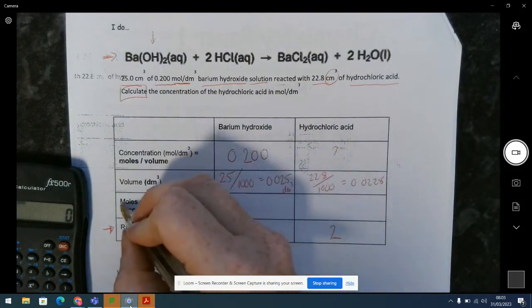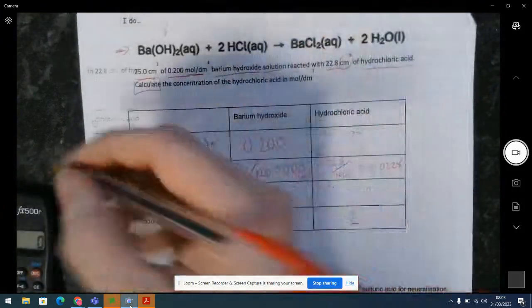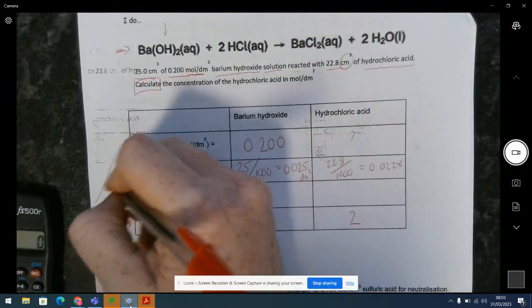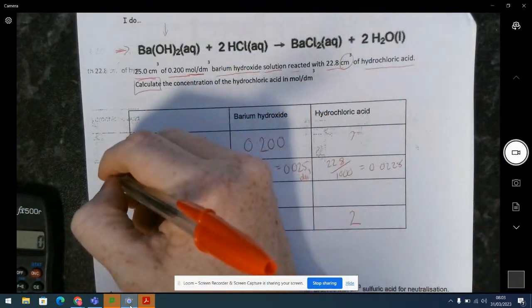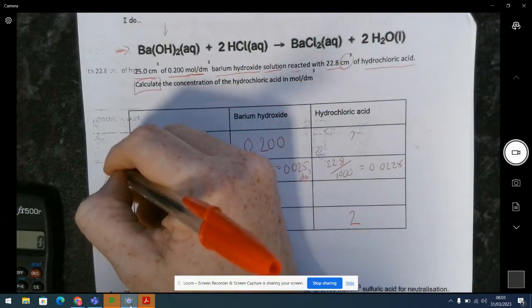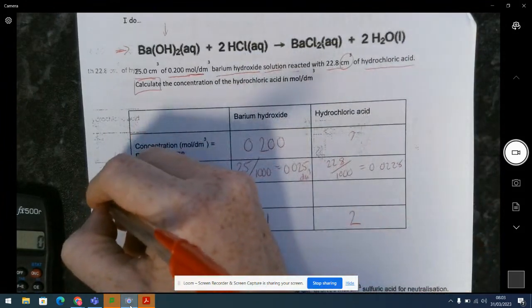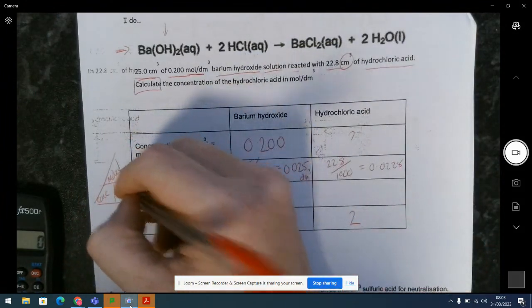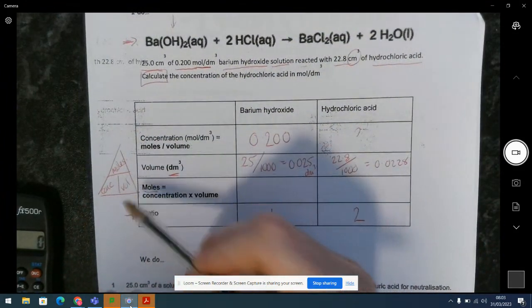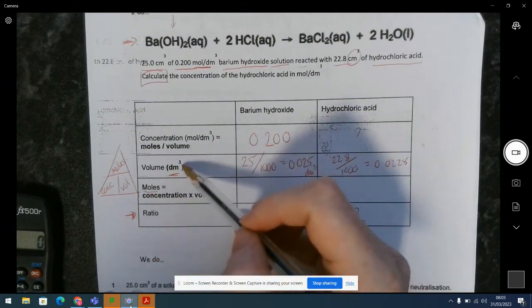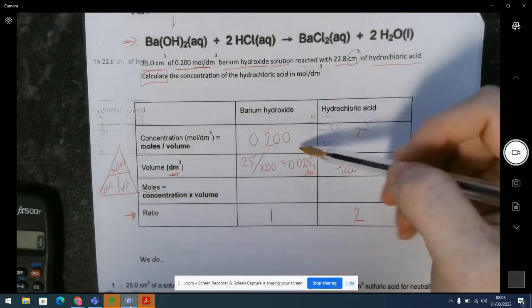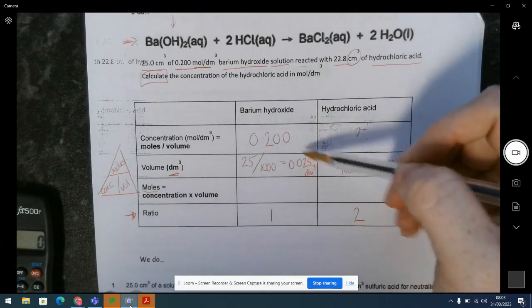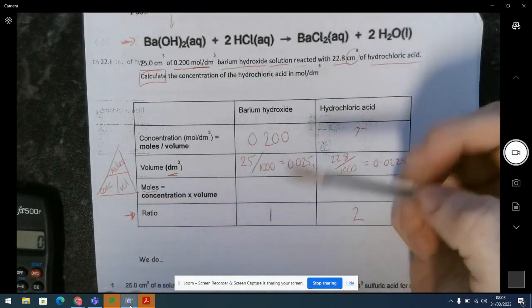So how do I calculate moles? This is a calculation you just need to know, and I'm afraid you have to learn it. I'm putting it into a triangle. We've got moles at the top, we've got concentration, and we've got volume. And you need to remember that volume is in decimetres cubed. So for barium hydroxide, I have got my two values I can use to calculate the moles.